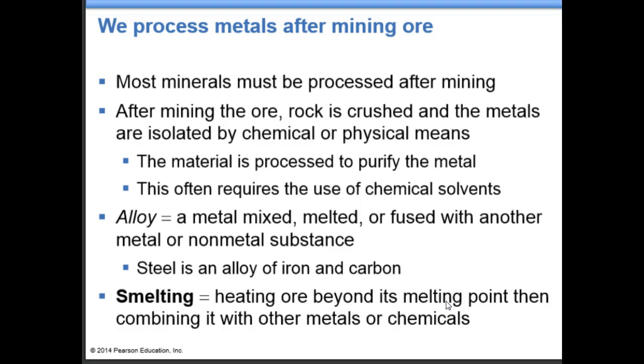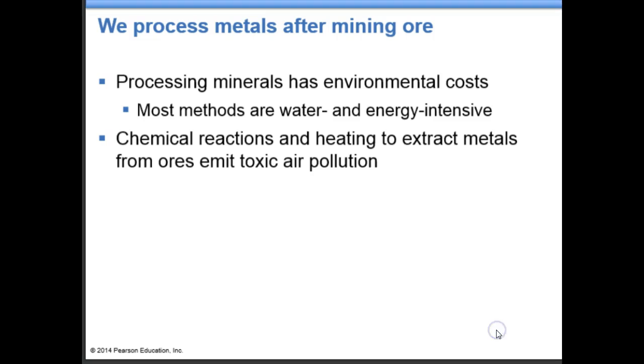This is heating the ore beyond its melting point so that you're able to combine it with other metals or chemicals. You may have a class ring, and the lustrium and the yellow lustrium are examples of alloys put together by the process of smelting.